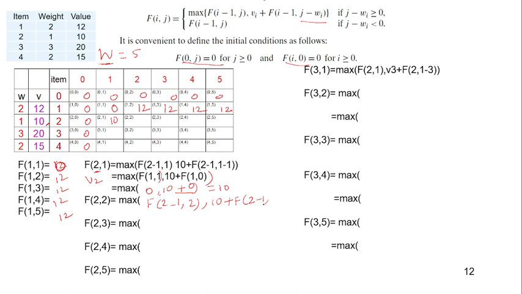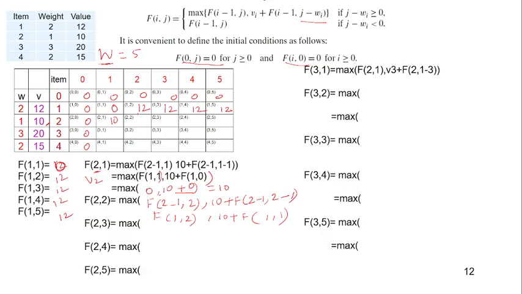J is 2, 2 minus 1 is 1. So this is f of 1 comma 2, comma 10 plus f of 1 comma 1.